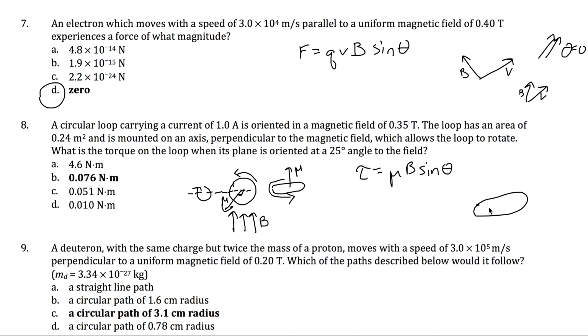So if I have a loop which is flat, and so it's in a plane that is perpendicular to the paper, and let's say the current's going this way, then we know the magnetic moment is going this way. And let's say that the magnetic field is going this way.